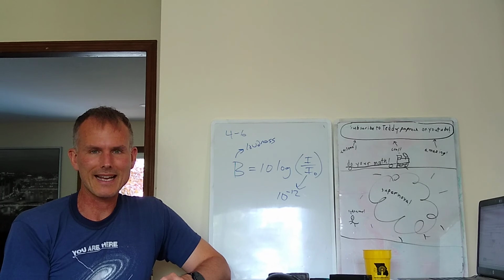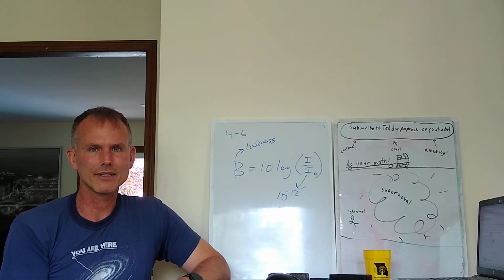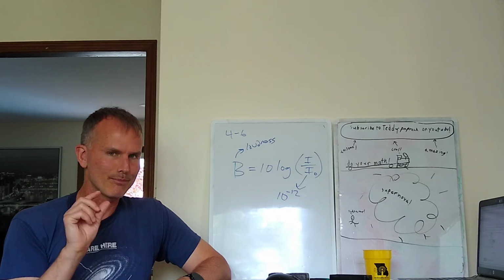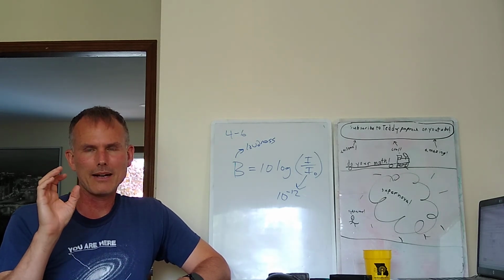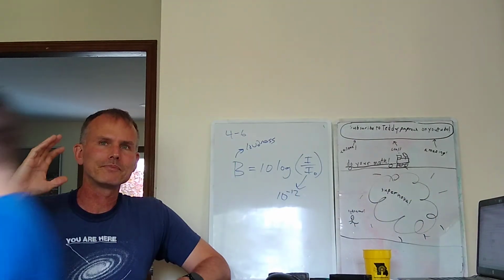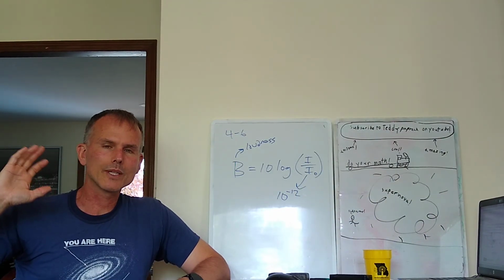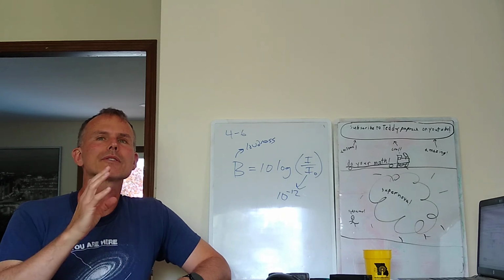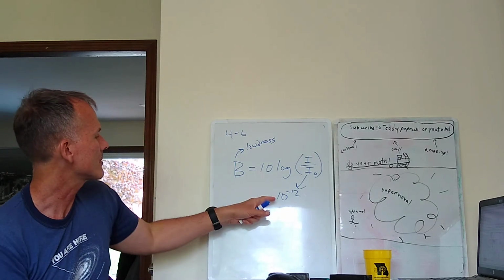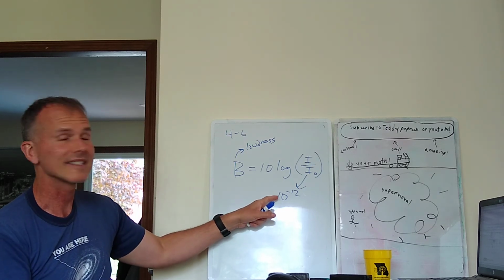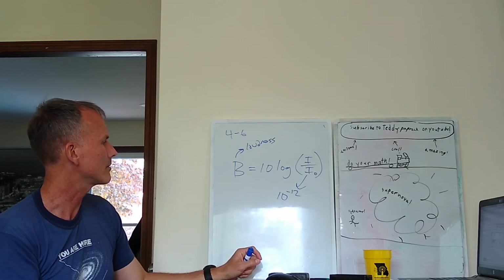In 1 gallon of gasoline, there are 120 million joules. So a joule is a very small amount of energy. And remember, power is how quickly energy flows through something. Anyway, so that's 10 to the negative 12th watts per square meter.